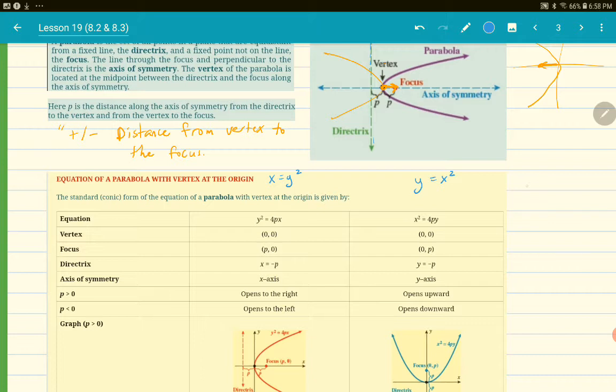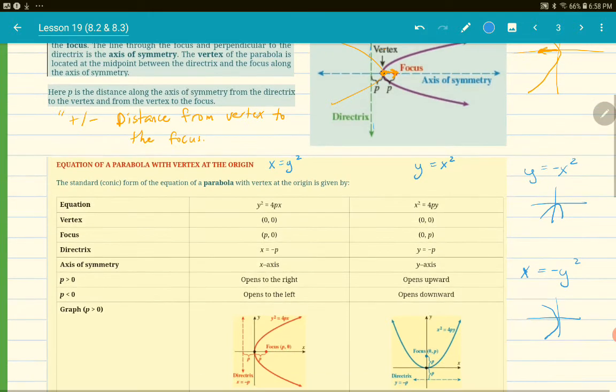Or a parabola that is facing down would be y equals negative x squared. Or a parabola that's facing left would be x equals negative y squared. So this is the familiar parent function.